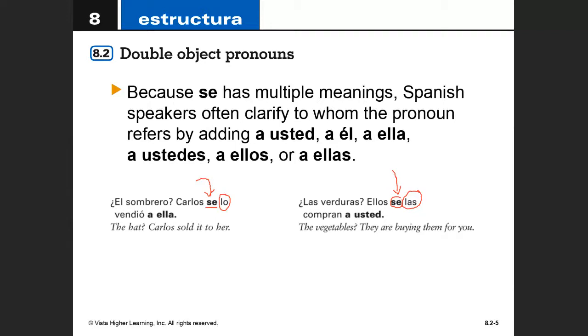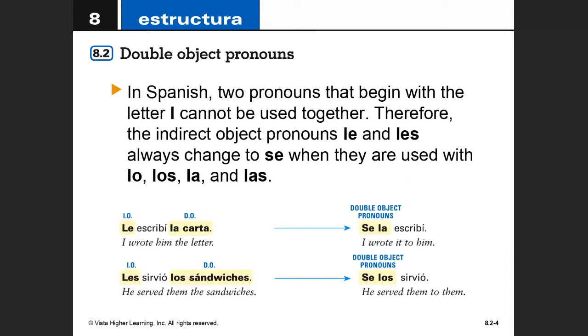Just one last thing, because I think that this topic is a little bit dense, it has a lot of things to consider. So, for example, you can look at some more statements with that combination of le and les. You can see it over here.